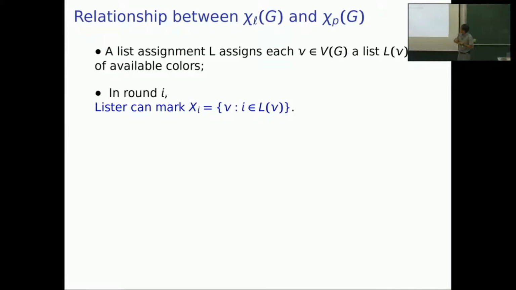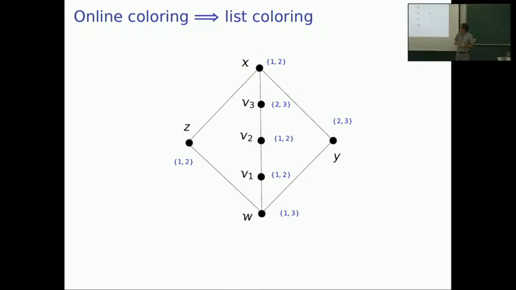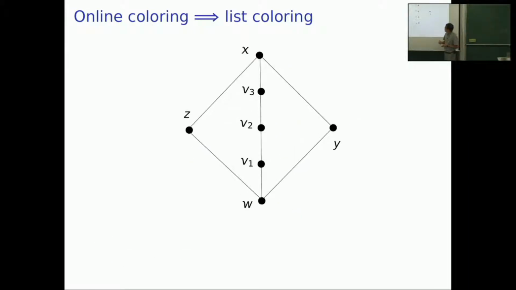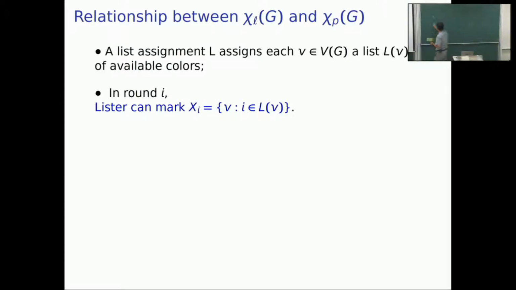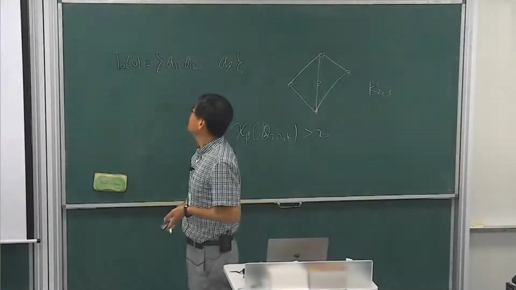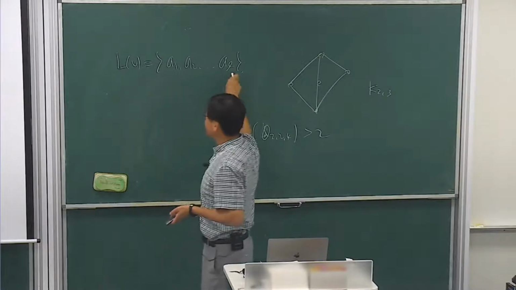Then why is this concept a generalization of list coloring? Here, like this. Formally, the V has a list like this, right?